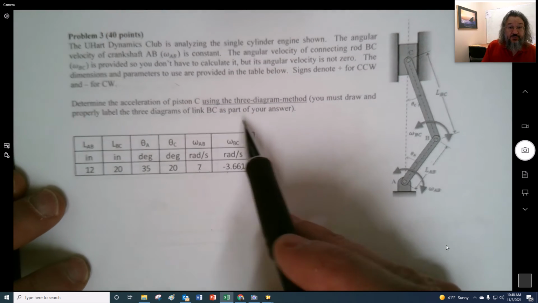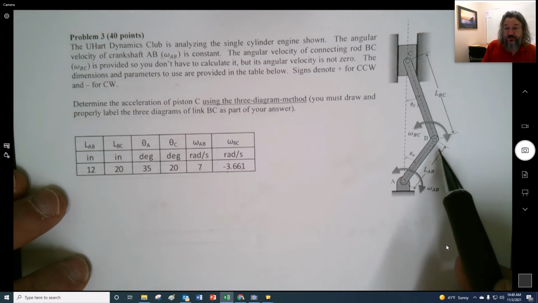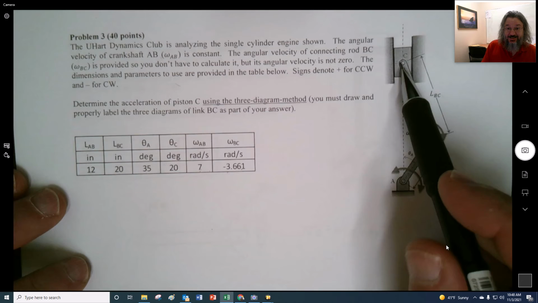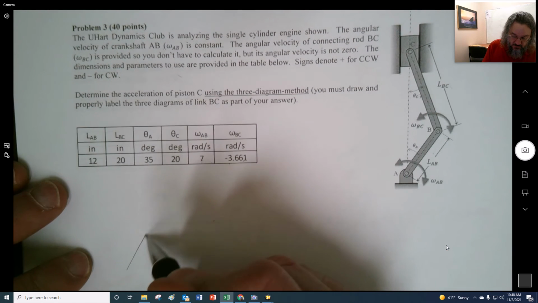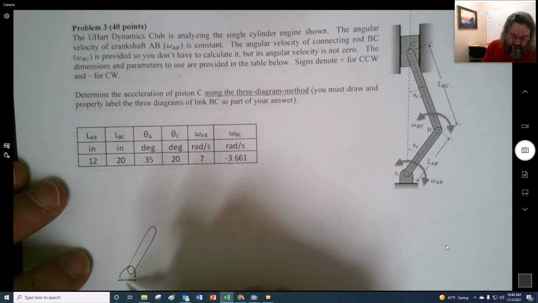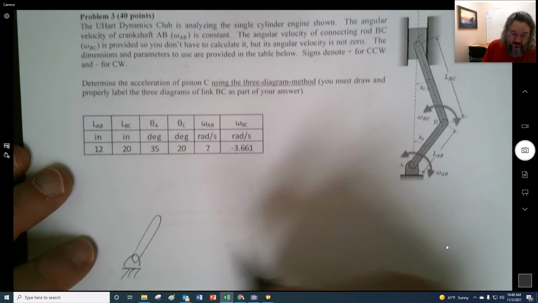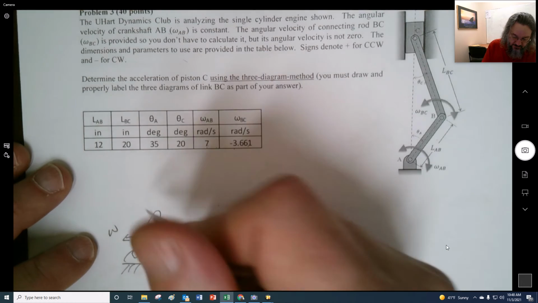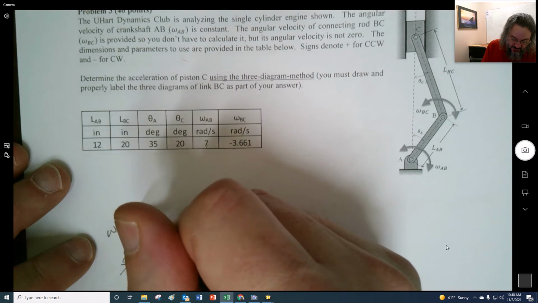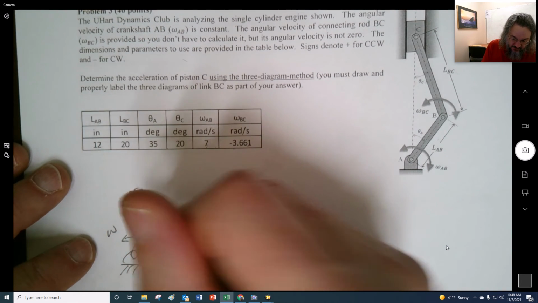Okay. So anyway, we want to use the 3 diagram method to find the acceleration of C. So we have to first find the acceleration of B. So this guy, and he's moving at a constant velocity, right? Omega. So he's got a velocity coming this way, but we don't really even care about the velocity.